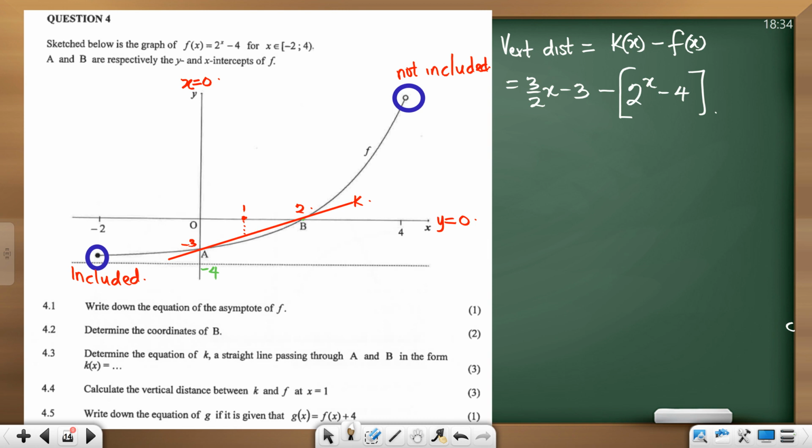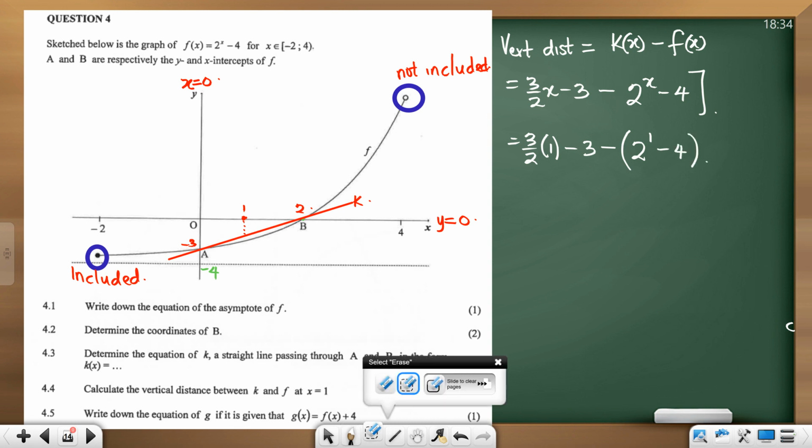The examiner gave you the value of x. What do you do? Substitute. Come, let's do it together. 3 over 2 times 1 minus 3, minus 2 to the power 1 minus 4. Calculators, please, everybody.